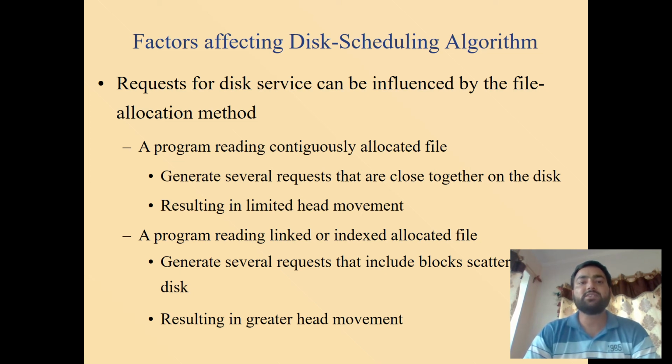Also, the request for disk service can be influenced by the file allocation method. For example, a program reading a contiguously allocated file will generate several requests that are close together on the disk, which will result in limited head movement, so it will generate better results.